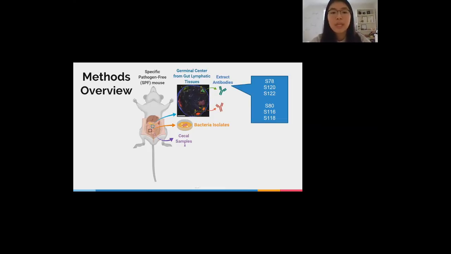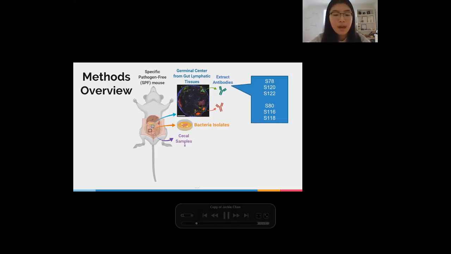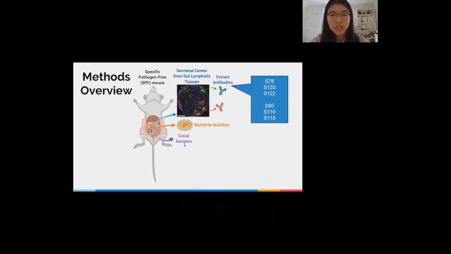We used the cecum because it has an intermediary composition of bacteria that is in between what is in the small intestine and what is in the large intestine. And we ran these through dot blots and Western blots. The Western blot separates the proteins in the sample via size, and in the dot blots, each individual dot corresponds to one specific bacteria species.